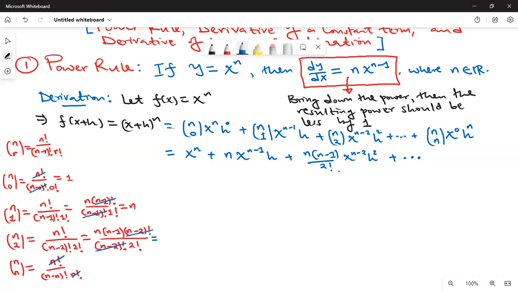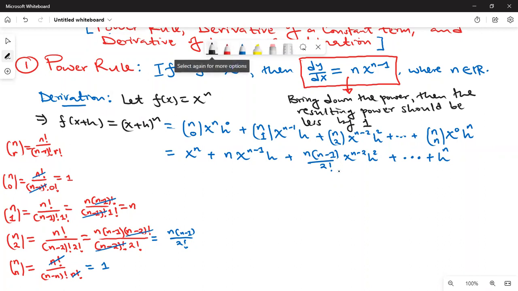What about here? We are getting 1 over n minus n, which is 0. So 1 over 0 factorial is simply 1, because 0 factorial is 1. So you take note of that. And x raised to 0 is also 1. So what we have here is plus h raised to n. Very important. So that is our f of x plus h.